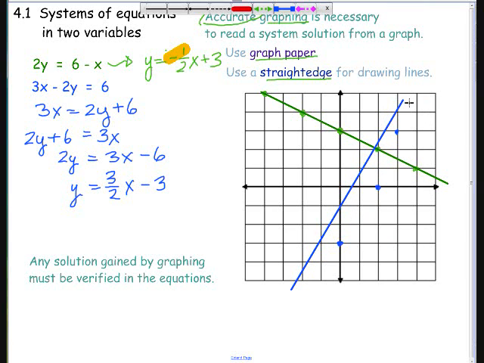Oh, I made a mistake and it's showing up now, isn't it? This is why I recommend that people do 3 points when you're graphing a line, even though you technically only need 2. This was incorrect, wasn't it?